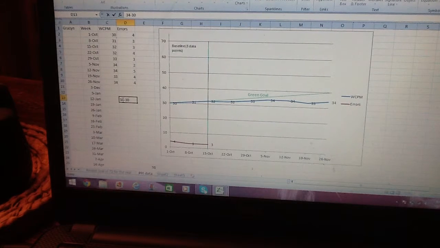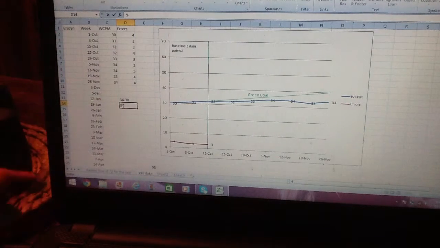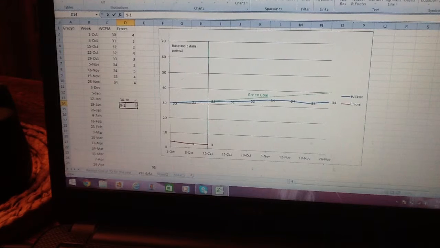That equals 4. Then we divide that by the last week, week 9 minus 1, which gives us 8. So 4 divided by 8 equals 0.5. Her rate of growth is 0.5.